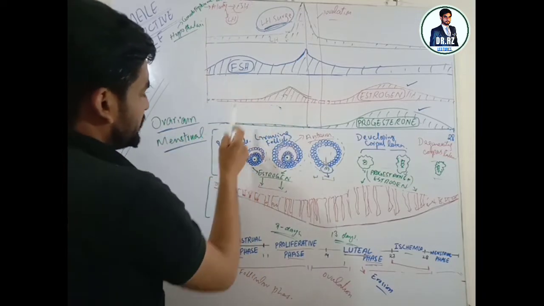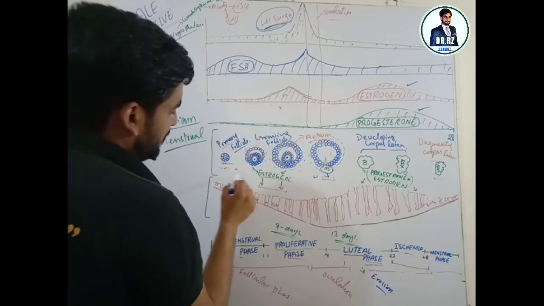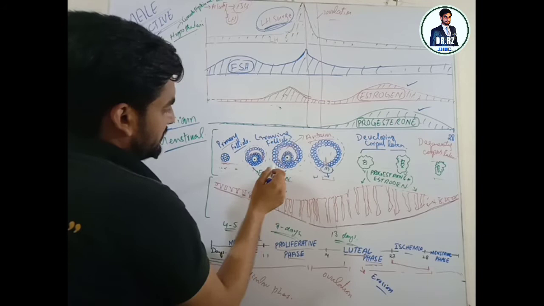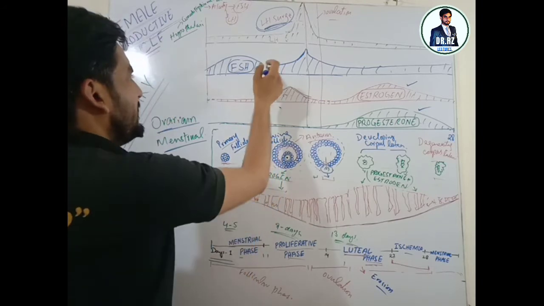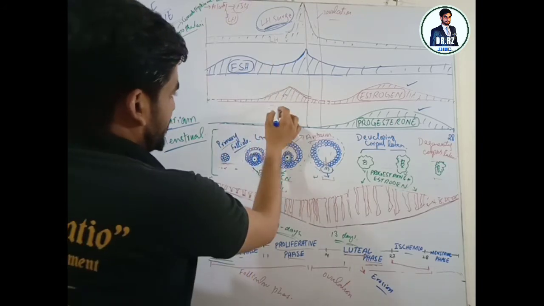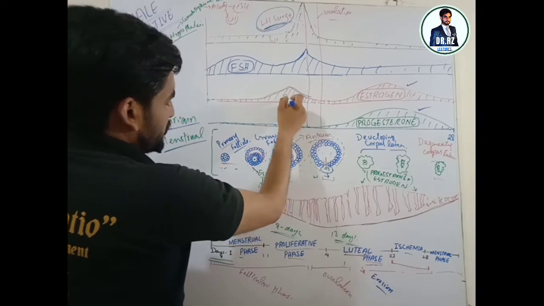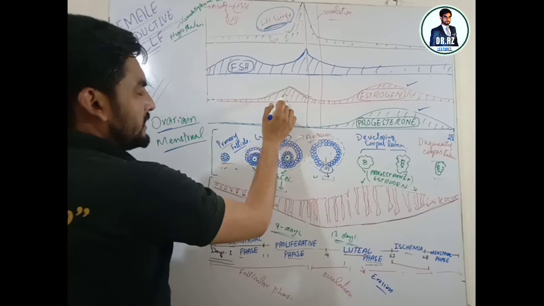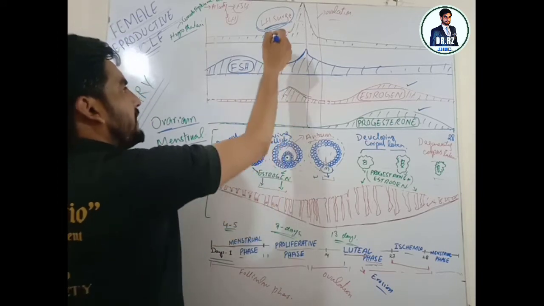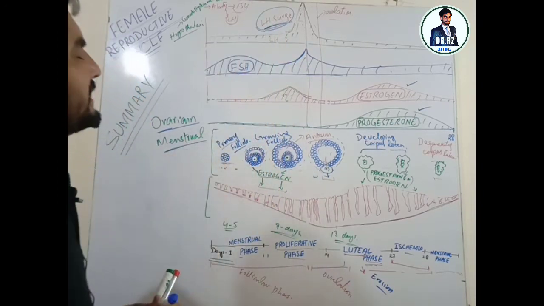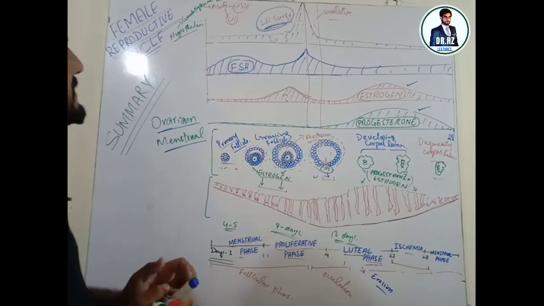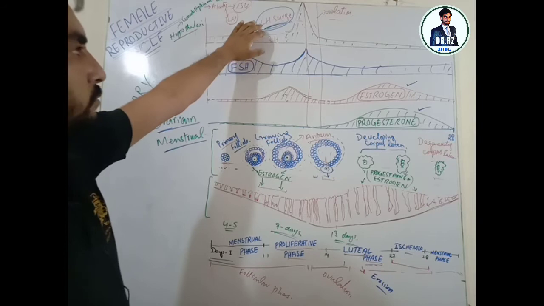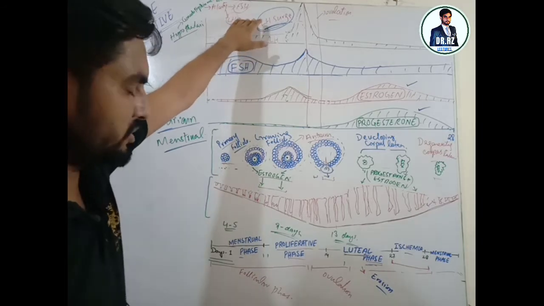As the FSH increased, the follicular cells developed. Due to the development of the theca folliculi, there is a release of estrogen hormone. This estrogen hormone causes an increase in the level of LH hormone. The increase in the concentration of LH hormone is called the LH surge.